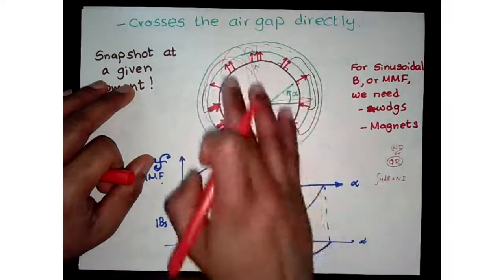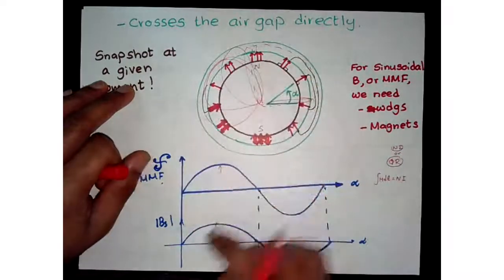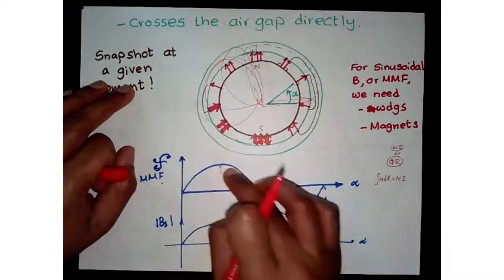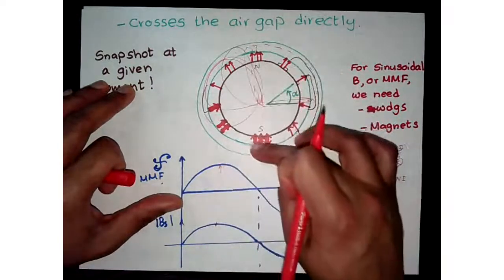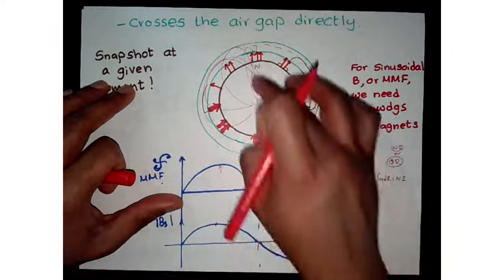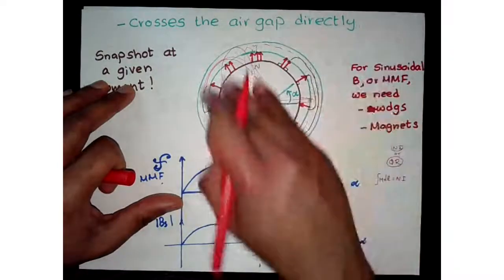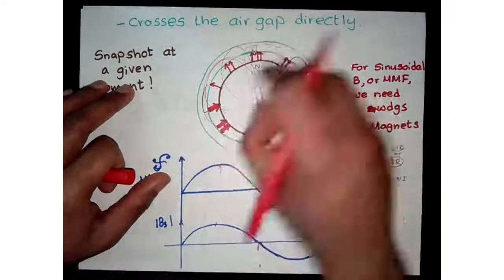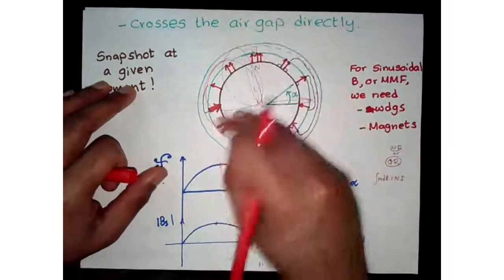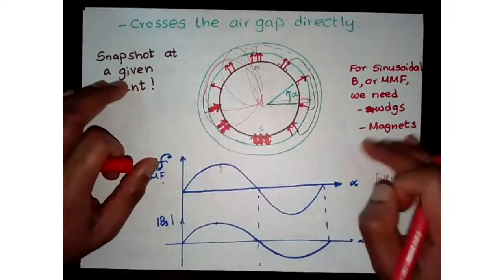You can see that after 90 degrees, because of the returning flux, the total flux density, or total MMF, falls, and then it goes to a negative peak here, and then it returns to zero as we come back to the same location, because whatever flux goes out has to return. So it has this sinusoidal distribution.